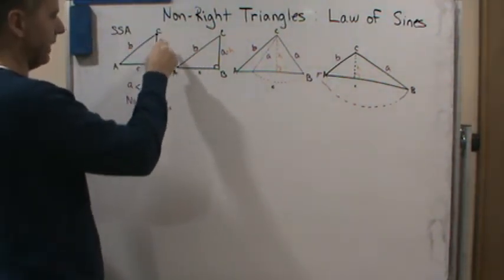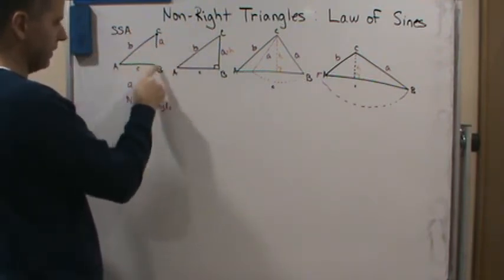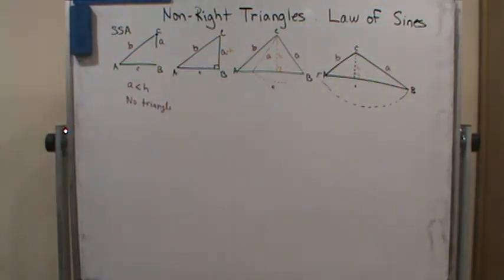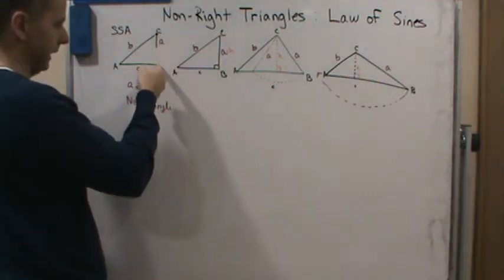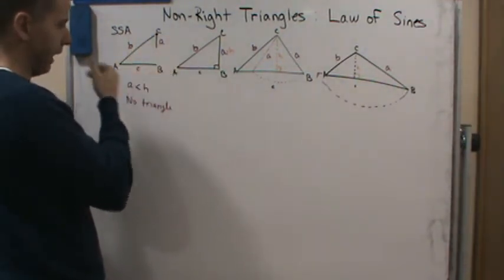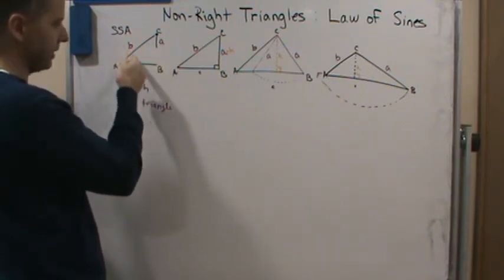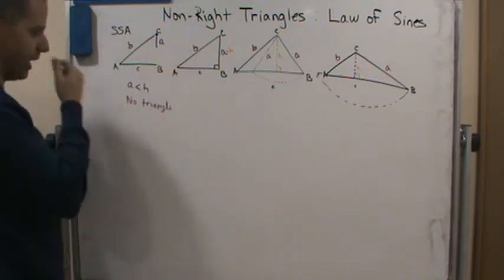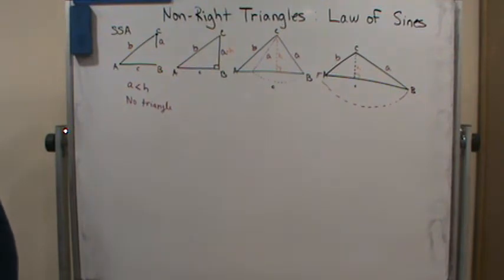If it can swing without hitting side C, then it's not a triangle. A has to be long enough to intersect C. So if A is less than the altitude, it's not going to intersect this side at all, so we don't have a triangle.